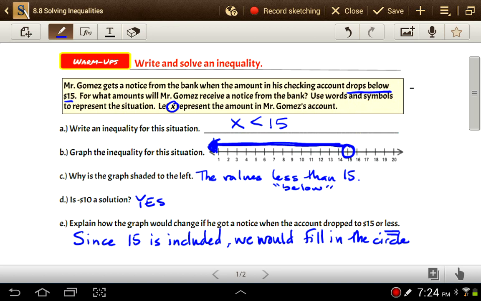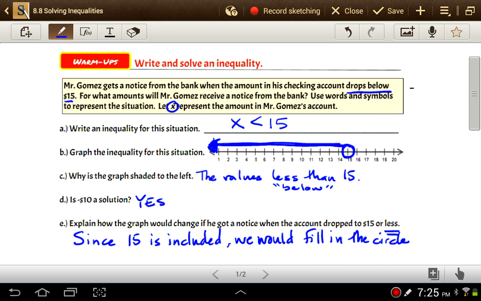Those are the numbers that are less than 15. My shaded line represents all the values for x that would be true. The reason that it's an open circle is because it does not include 15. It cannot equal 15. By leaving it open, I'm saying we're starting at 15 but not including 15. So it's not included. Okay?